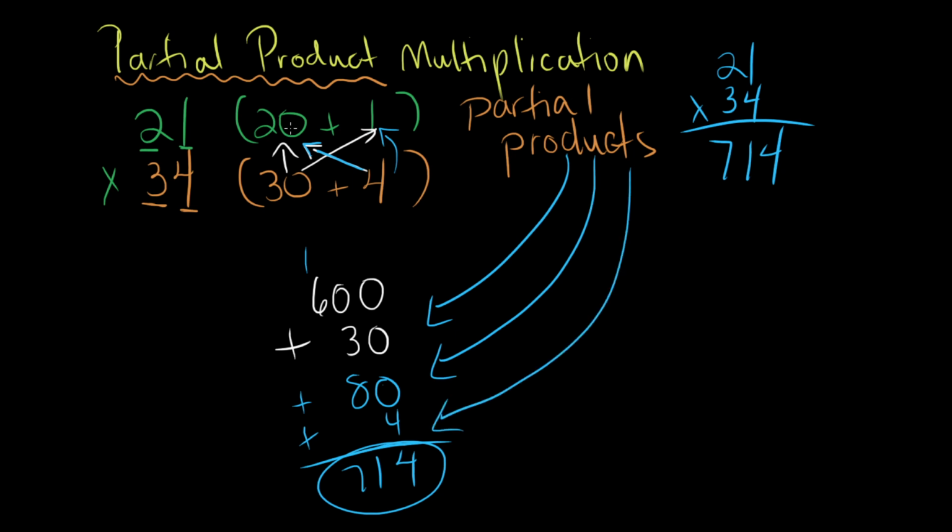This is just the value of the number in the place value. So this 2 is worth a 20, this 1 is worth 1, the 3 is worth 30, and the 4 is worth 4. These right here, these are the partial products. Okay, and you'll see the same exact answer as we have over here from when we did our partitioned rectangle.